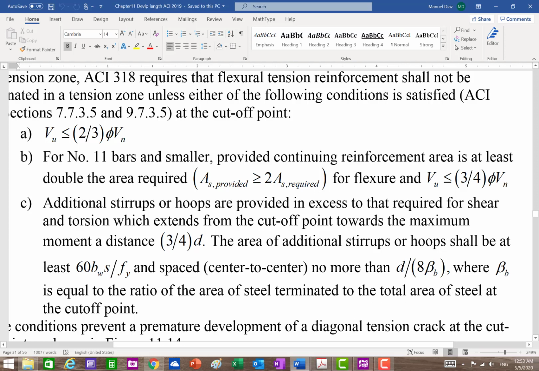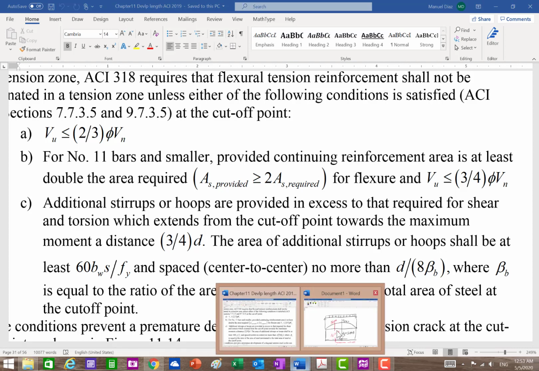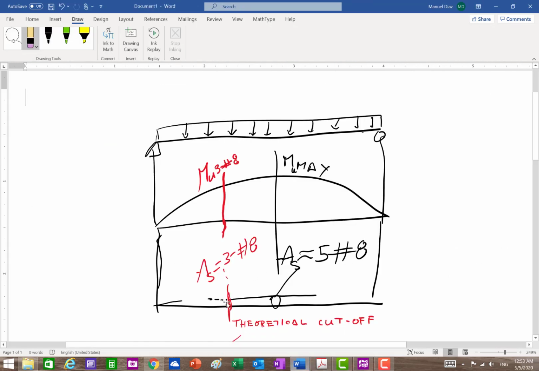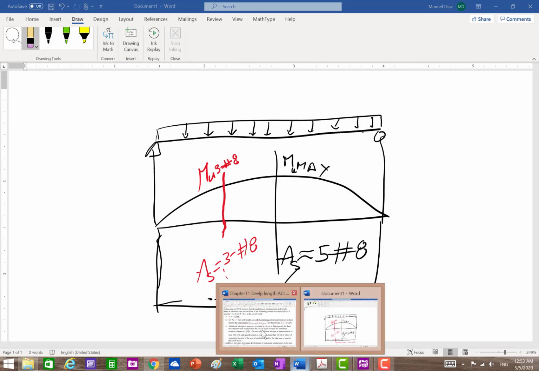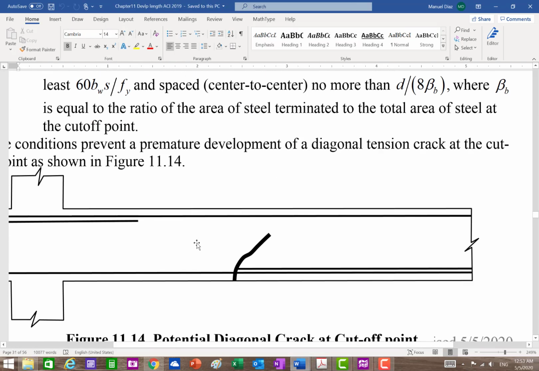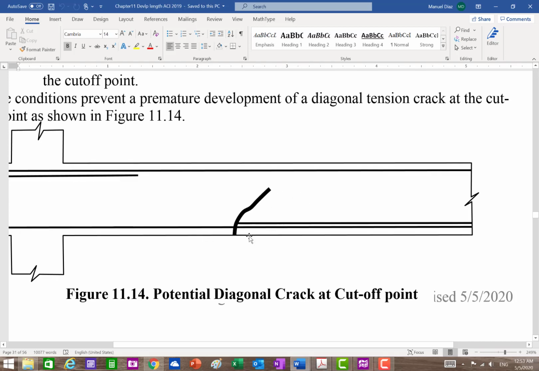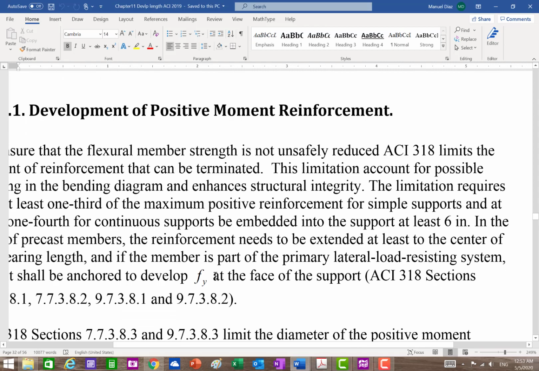So if we go back here, it will be the area of the steel terminated. We're terminating these bars, so that's the two bars, and the total value is 5. What we're trying to avoid is a shear crack developing to the right of the tip. That's basically what you're trying to avoid by doing that.